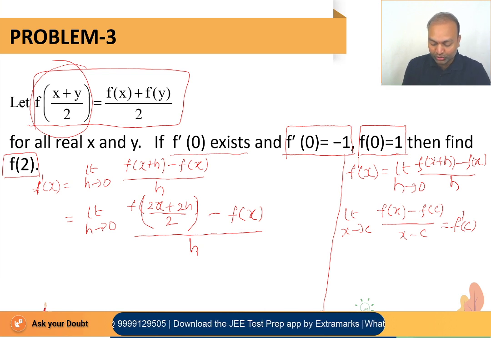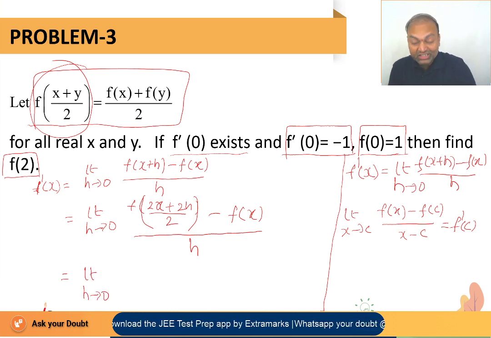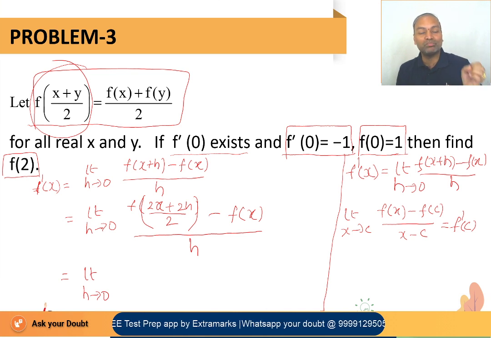Now you observe this one. Next step, limit h tends to 0. It is in the form of f of (x plus y) by 2 format.